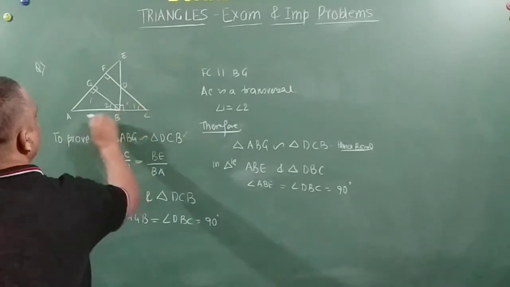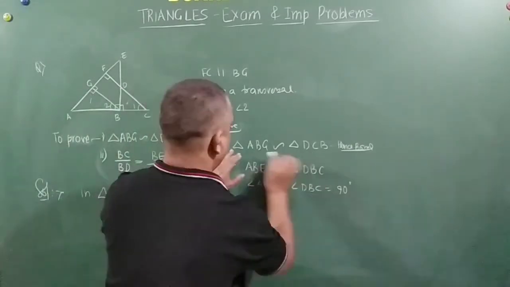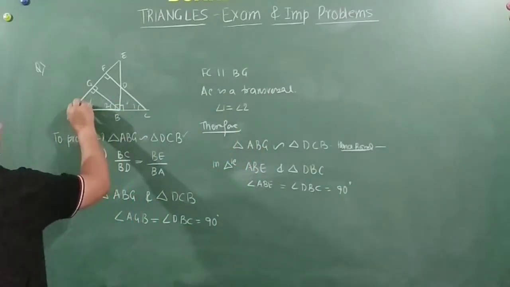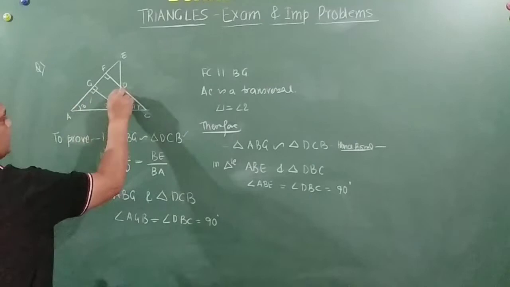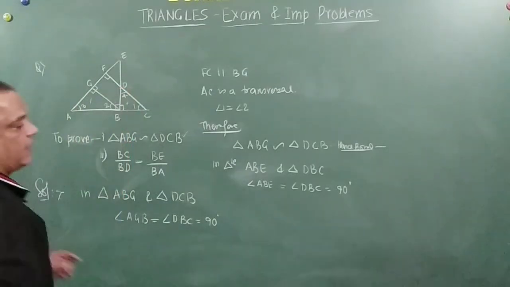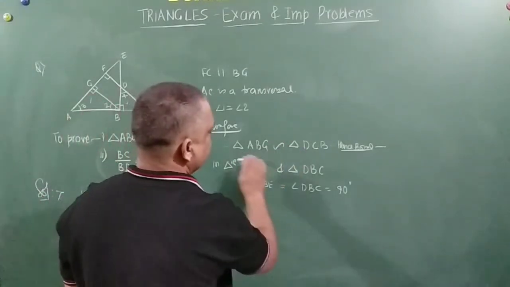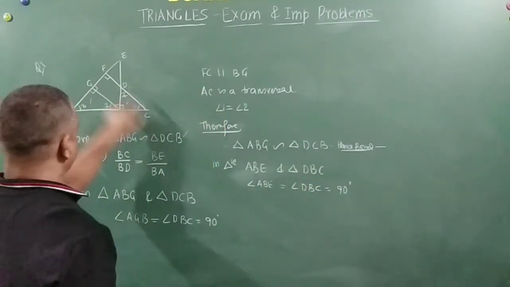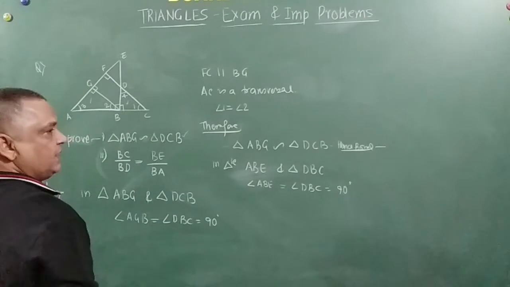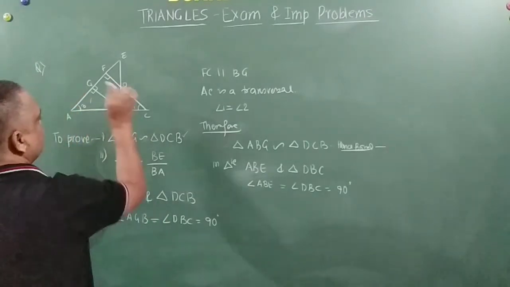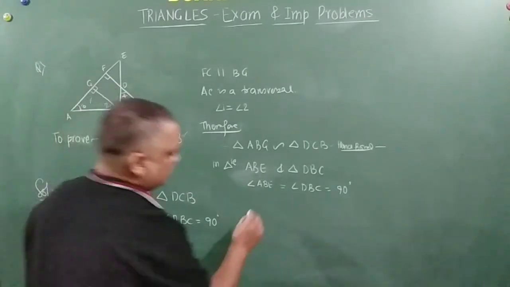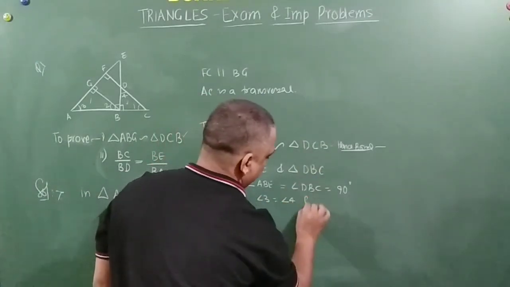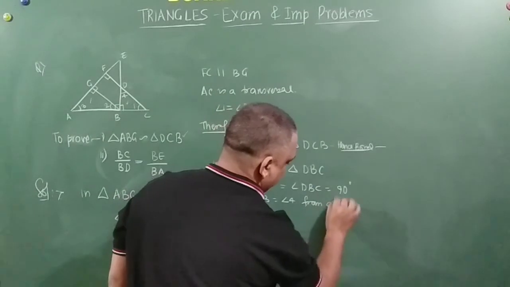With this similarity, friends, when I proved this similarity, that means I am saying angle 3 is equal to angle 4. Correct, no? When this triangle is similar to this triangle, all the respective angles will be the same. So angle 3 is equal to angle 4 from the above similarity.